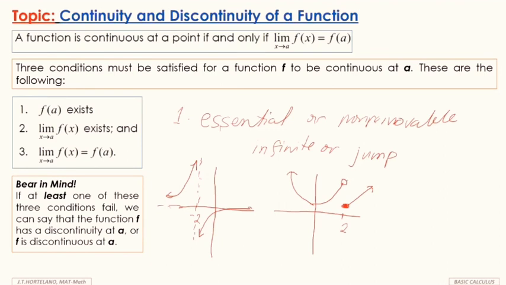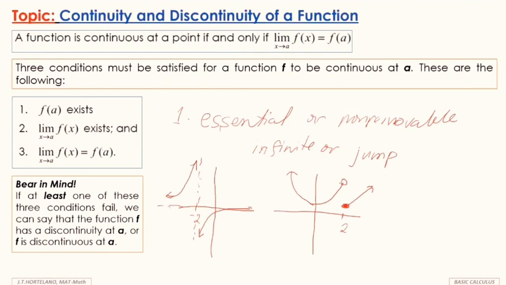So, you will notice that if you're going to evaluate the left-hand limit and the right-hand limit of this function, we can say that the limit will exist. So let's say find the limit of f of x as x approaches 2 from left. So from left, papunta dun yung graph natin. So it will exist.